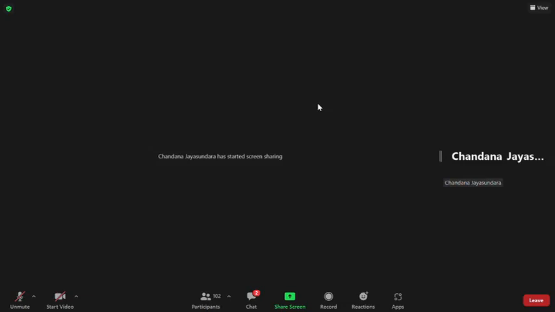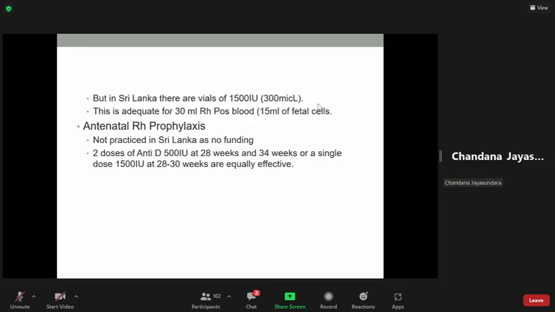So routine antenatal RH prophylaxis is so far not practiced in Sri Lanka, but I believe it should be, and we should routinely offer about 1,500 units of anti-D Rogam.